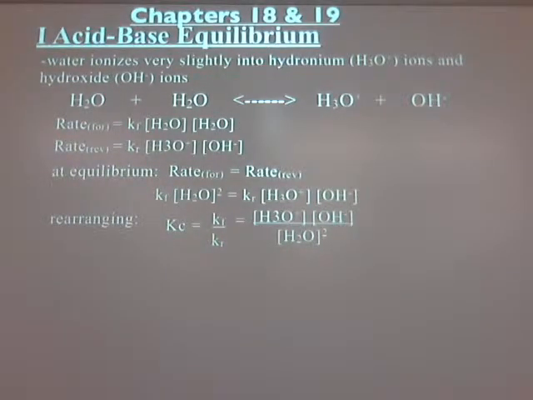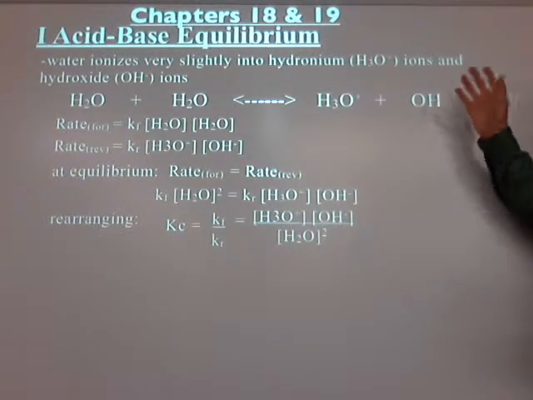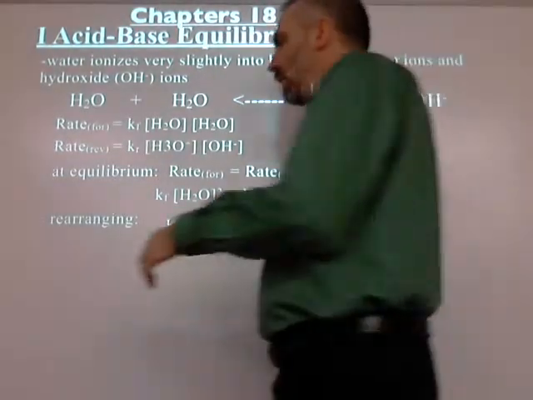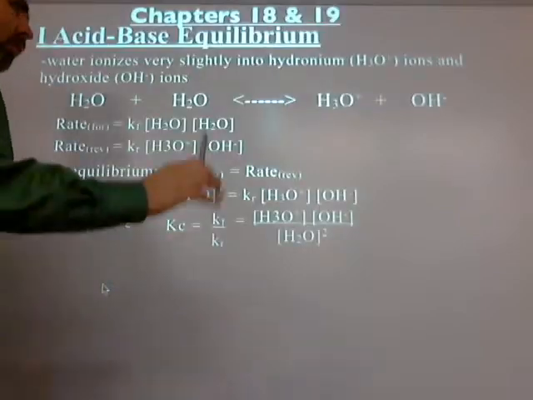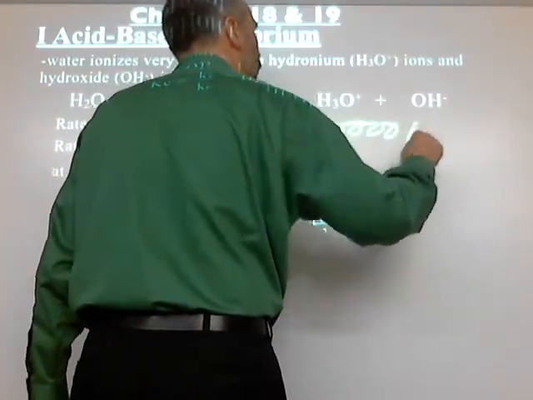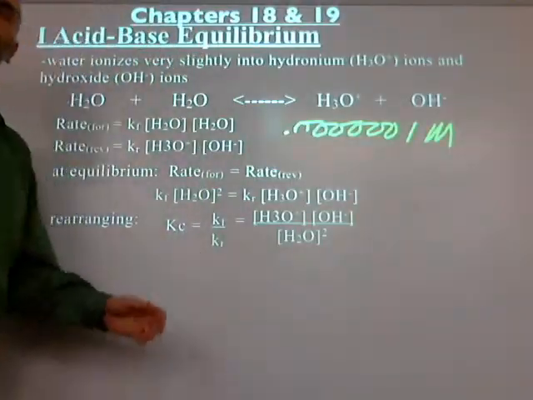But here is the new thing. In dilute solutions, as long as I don't add a huge amount of hydronium or hydroxide ions to these things, we're talking about water being virtually constant. I want you to think about this. If I have a dilute solution, and I told you that number was 0.0000001 moles per liter. Think about it.